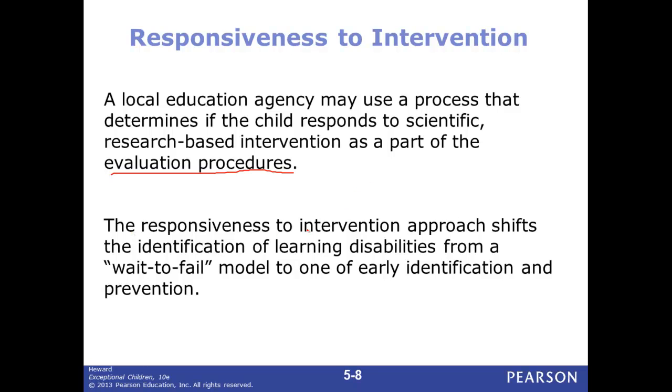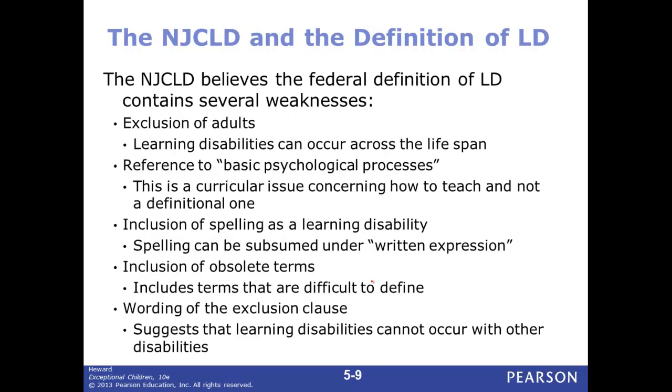The responsiveness to intervention approach shifts the identification of learning disabilities from a wait-and-fail model to one of early intervention, because you start to collect data. You start to track their success or lack of success immediately in kindergarten. What do we know in kindergarten? You're making the sounds, you know all the letters, you know what sound the letters make, and they start to have data on that.